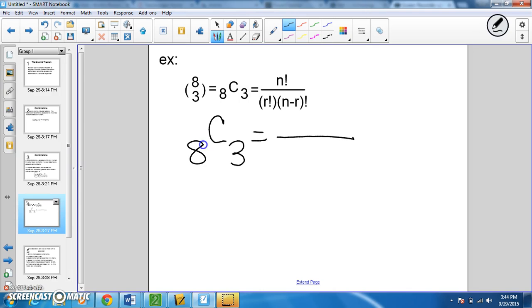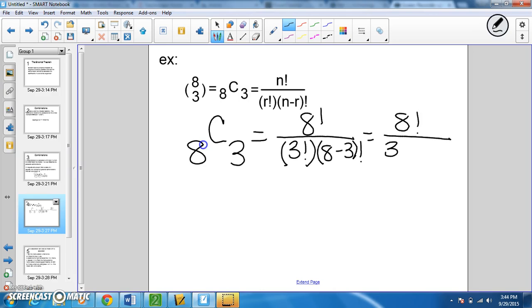So we have 8 factorial over r factorial, which is 3 factorial, times 8 minus 3 factorial. This is equal to 8 factorial over 3 factorial times 5 factorial.